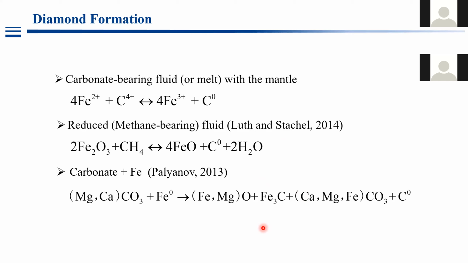From those equations, we can say the formation of diamond will be associated with the oxidation state of the mantle rocks, which is likely controlled by the ferrous iron and ferric iron components in silicate minerals, metals, and melts.